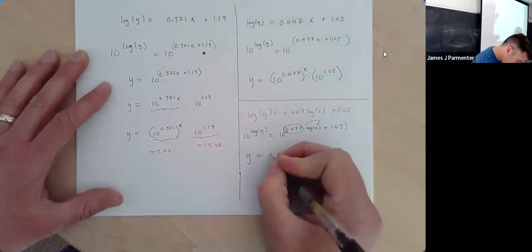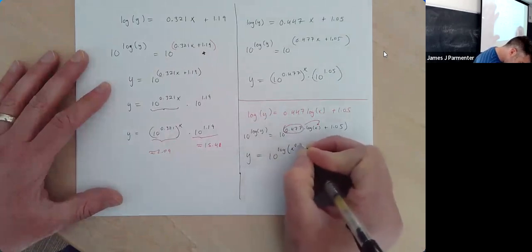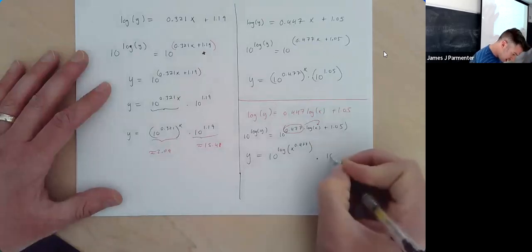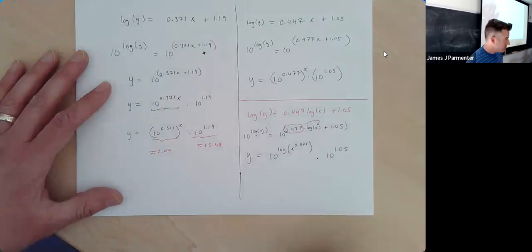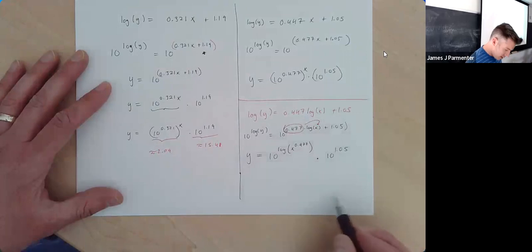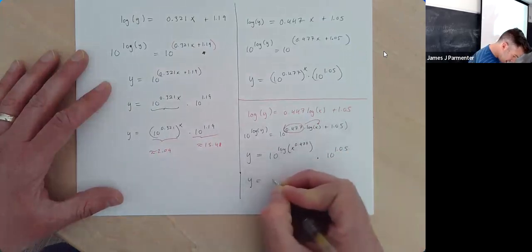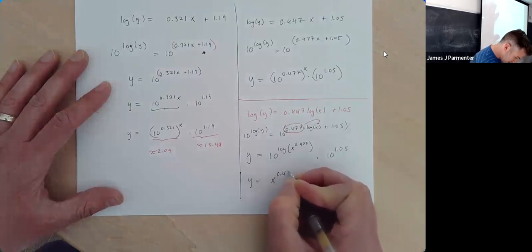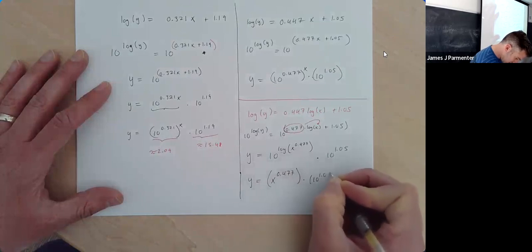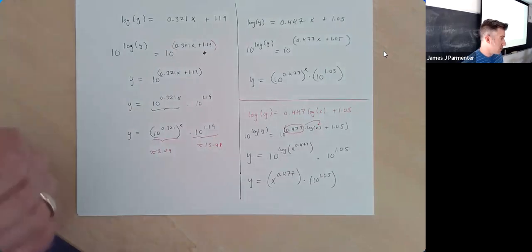So we have 10 to the log of x to the 0.477 times 10 to the 1.05, because it's 10 to the this plus that. And then 10 to the log of x to the 0.477 is just x to the 0.477 times a little bit more than 10. That's how we would write this one if it was log versus being semi-log.